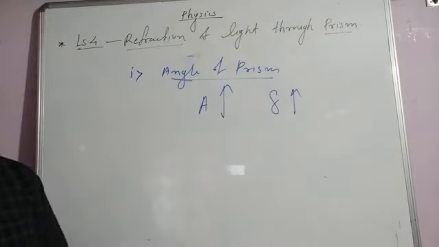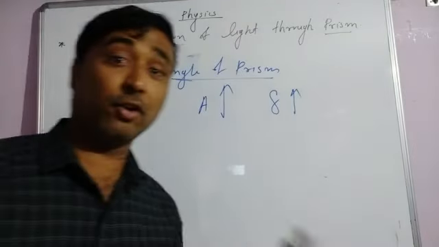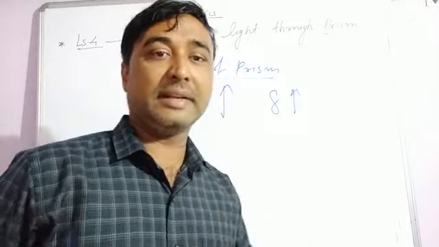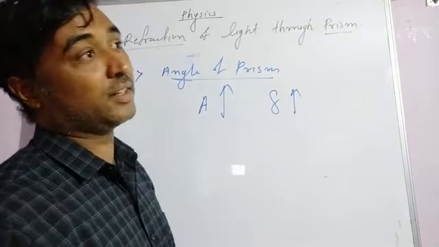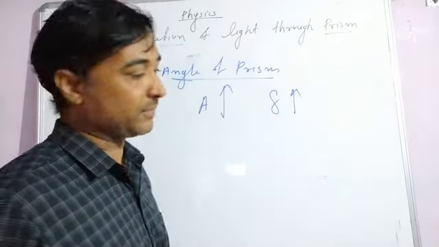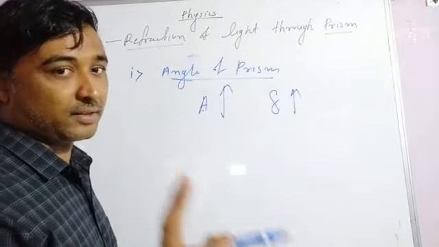मान लो angle of prism is 30. So the angle of deviation will be less than that of when the angle of prism is 60. If angle of prism is 90, ठीक है? So in that case, now you might be thinking, sir, there are three angles. The angle of prism will be the angle between two refracting edges. ठीक है? So if angle of prism increases, angle of deviation also increases. That is the first factor.